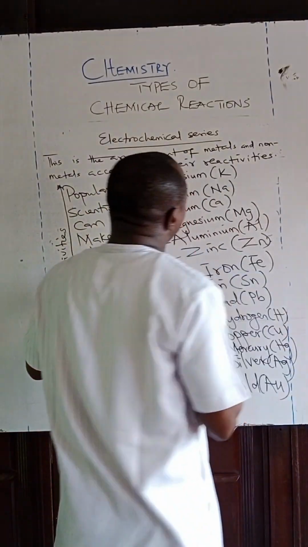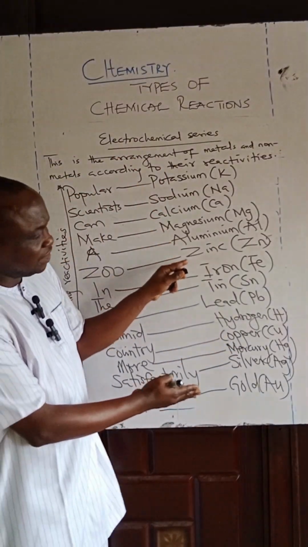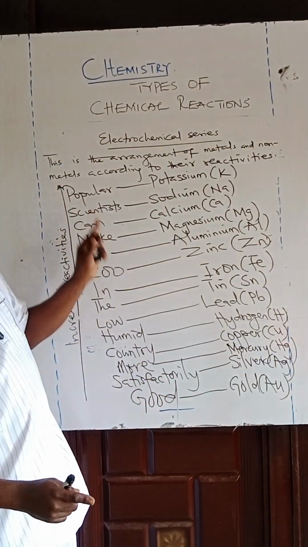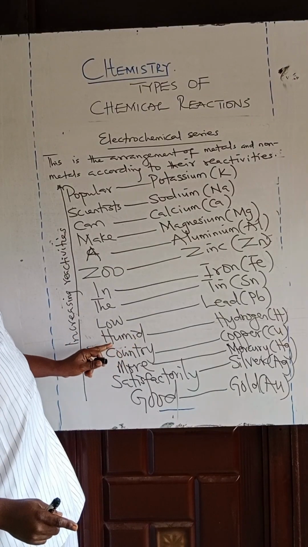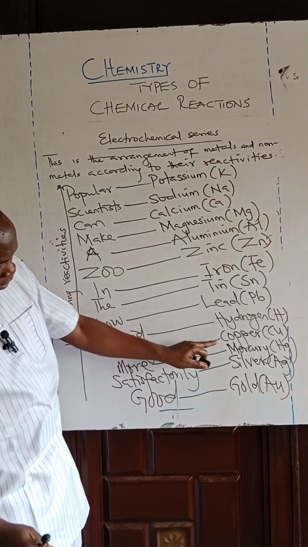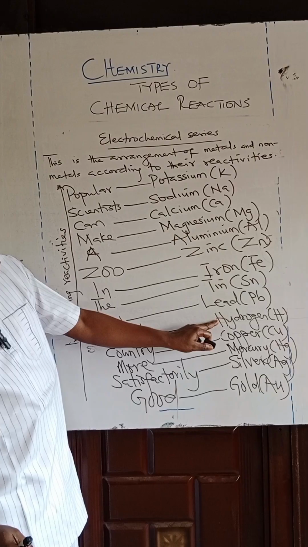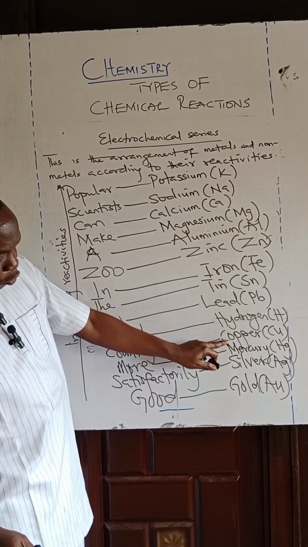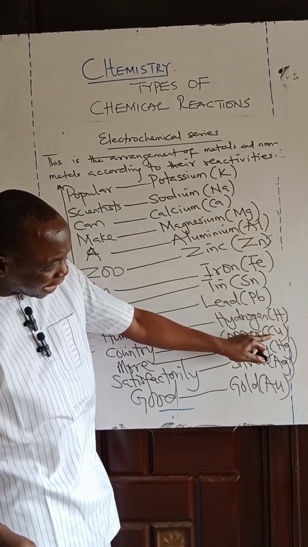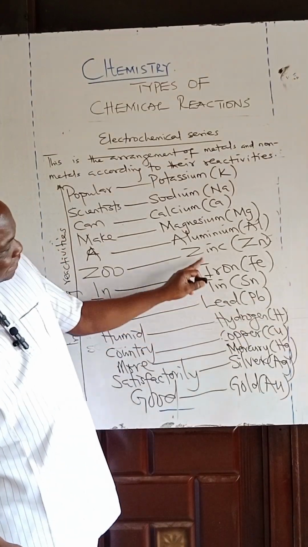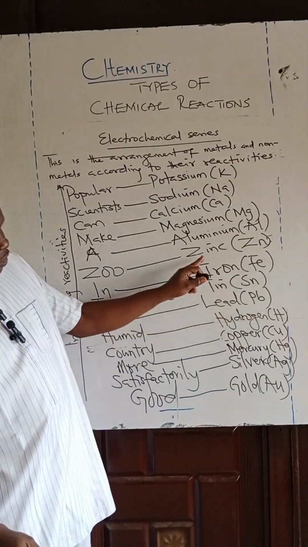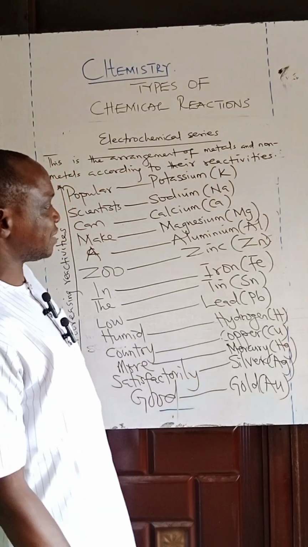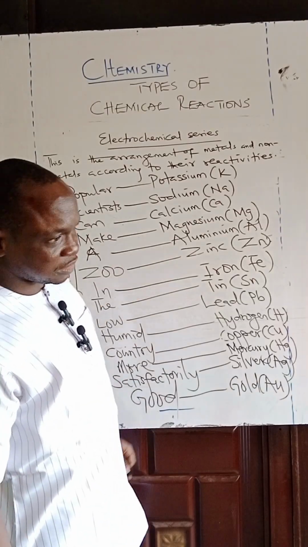So the element above can easily displace the one below, but the one below cannot displace the one above. Copper is below hydrogen, so copper cannot displace hydrogen, but zinc is above hydrogen. That was why we were able to write the equation for zinc when it reacts with HCl. So please take note of that.